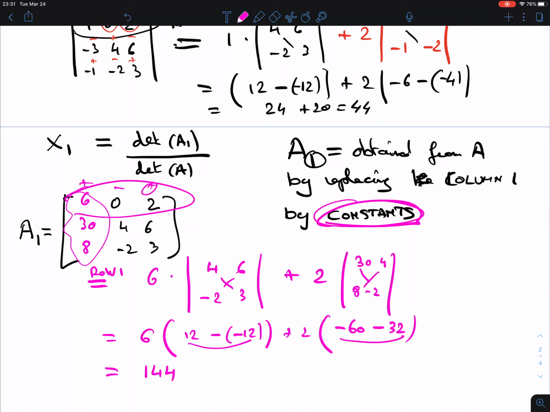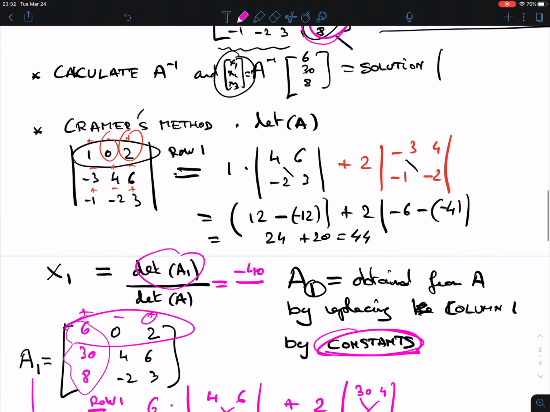And this is minus 92, twice is minus 184. So the result is negative 40. And so that's the determinant of A1, that's what I just calculated, minus 40.